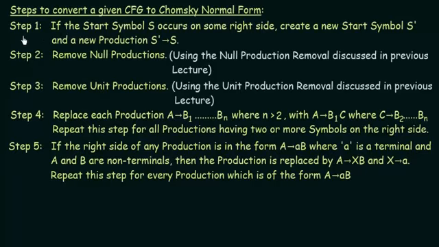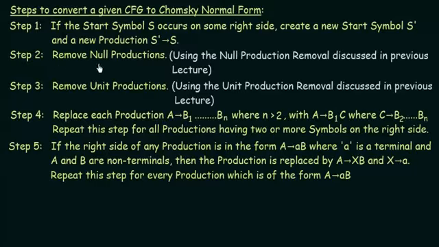Step number 1: if the start symbol S occurs on some right side, create a new start symbol S dash and a new production S dash gives S. So you have to perform this step if you have the start symbol on the right hand side of any of the productions.